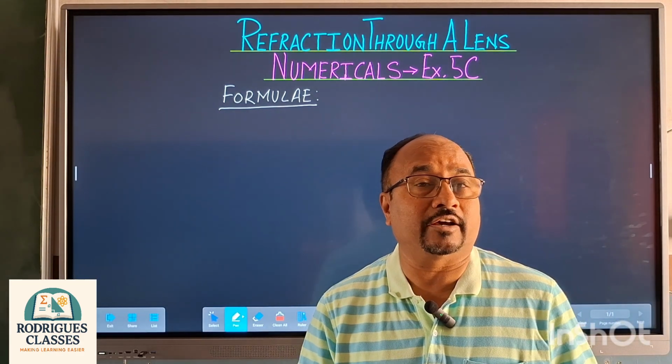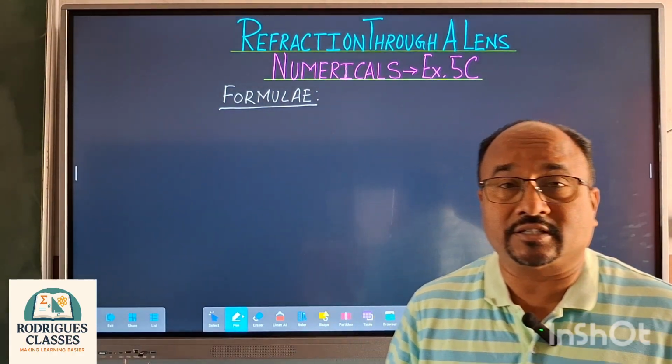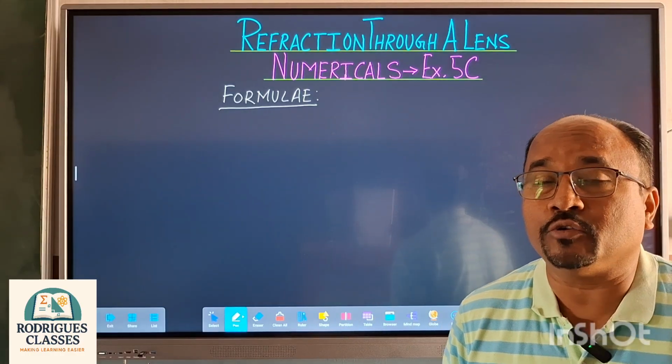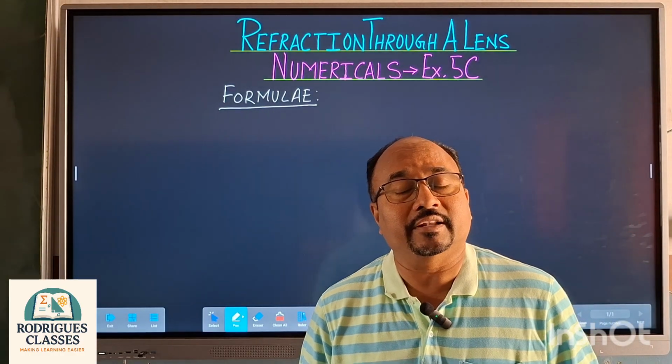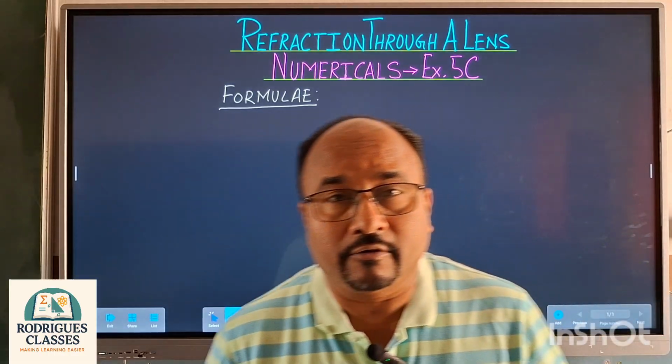So first we will take a look at the formula and then thoroughly go to understand the sign convention properly. Once that sign convention is clear to you, you will be able to do the numerical very easily. So let us first start with the formulas.